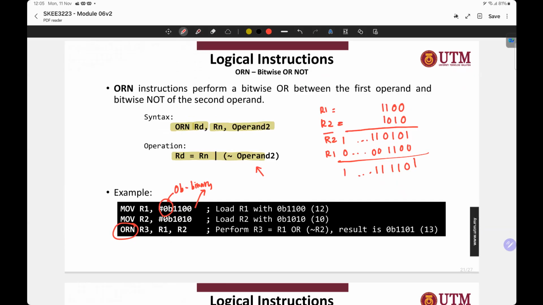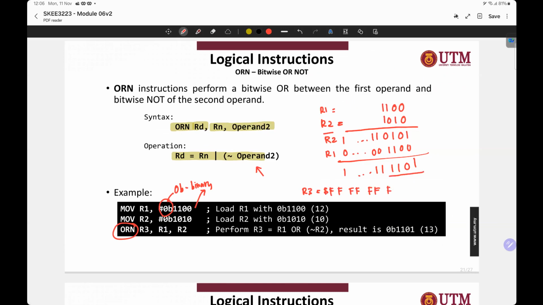And the answer here is your R3 will have F F F F F F and F.